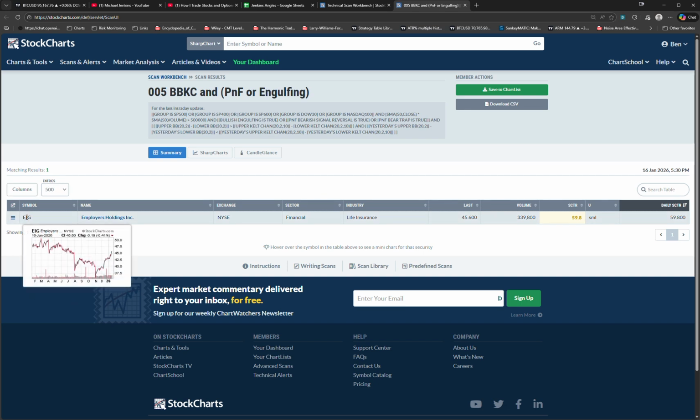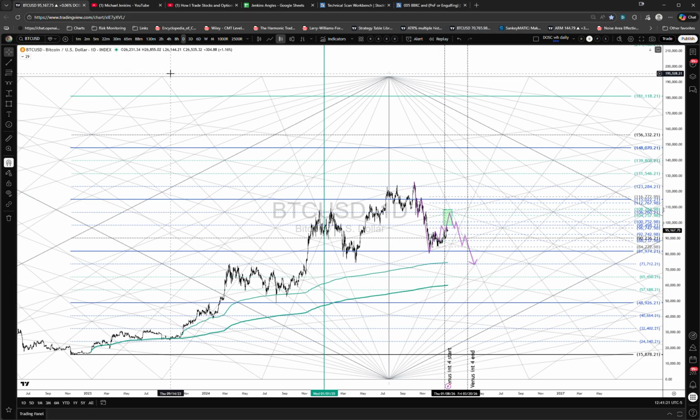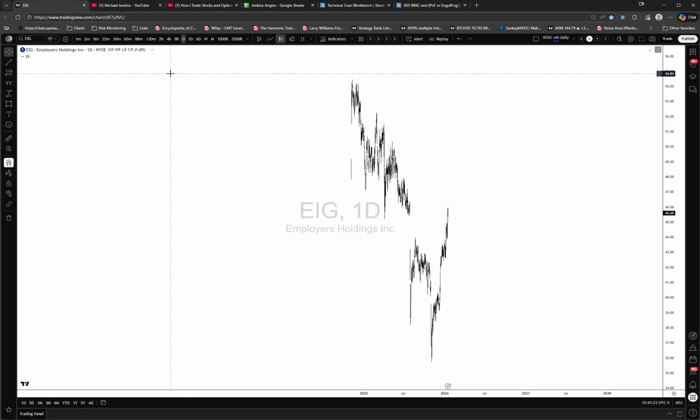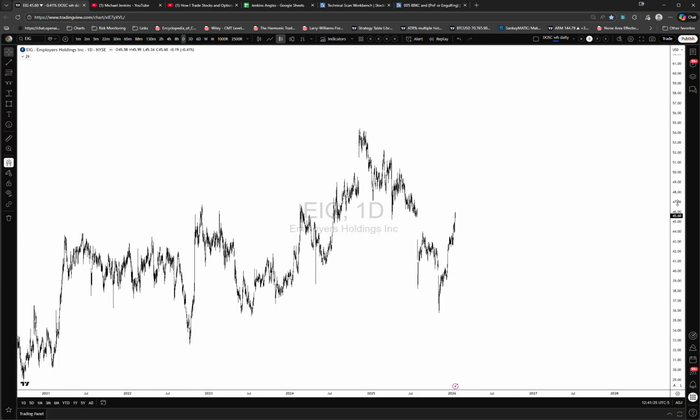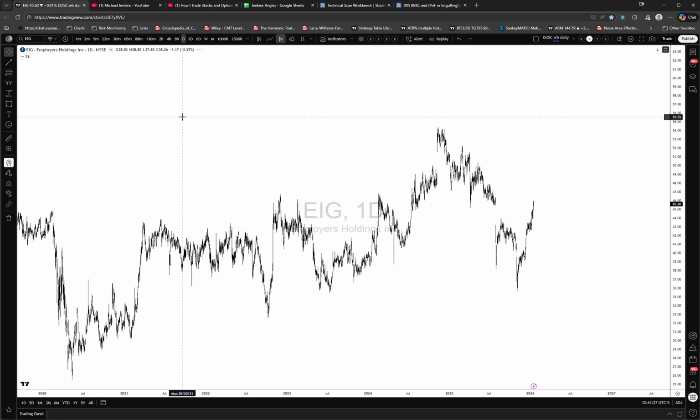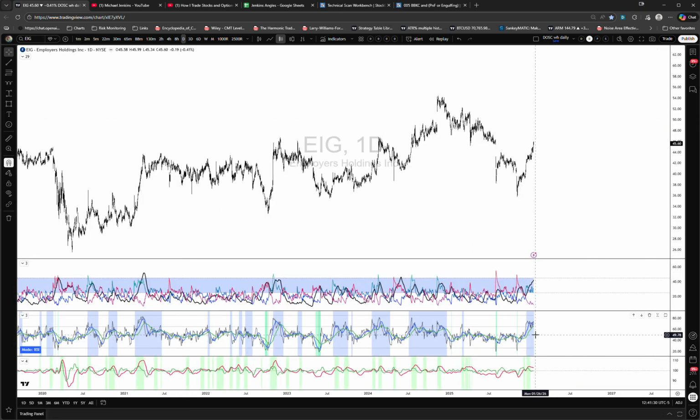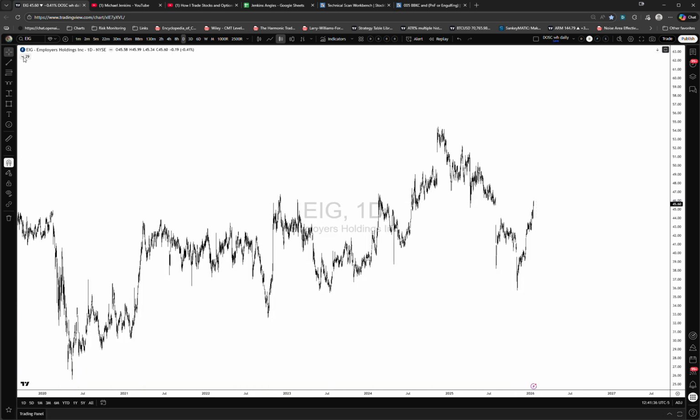This is EIG. I don't think I've charted EIG before. All right, so there's EIG, and it's got a bullish RSI regime. You've got rising ADX, so that's pretty interesting looking. Take a look at our moving averages.